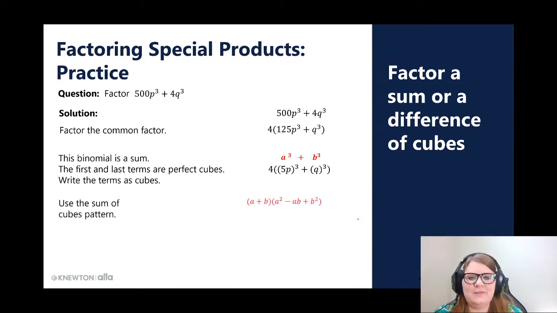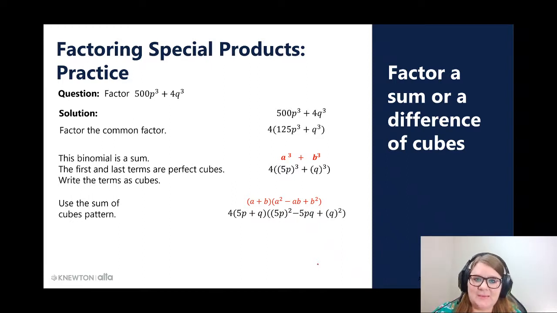So I carry down my 4 again. Notice that you have to always carry it down. Don't forget about it. Then I fill in my a plus b, a squared minus ab plus b squared. Again, notice my signs are the same sign, opposite sign, always positive. So when I start with my plus in my original thing that I'm factoring, same is positive, opposite is negative, always positive is always positive.